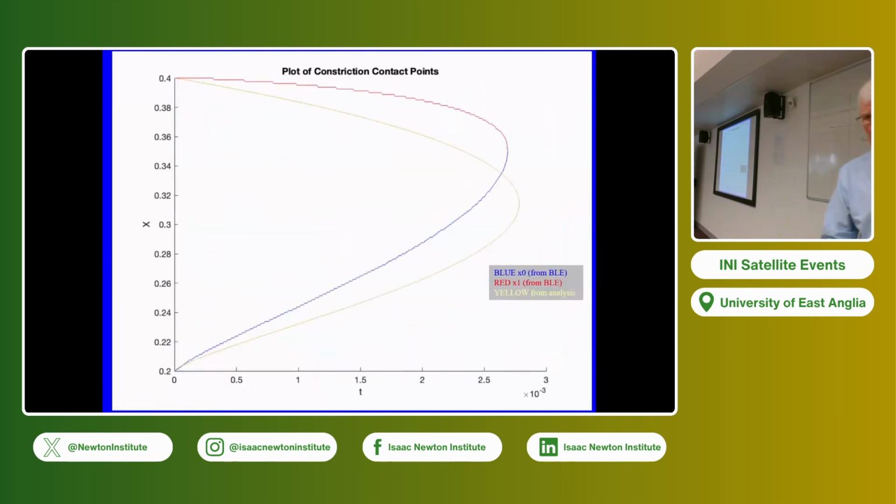Okay, for that sort of case, here's a plot of the contact points as they vary with time. The yellow curve we've seen before. It's from the analysis, and that assumes that the length of the ice is small compared with the channel effect.